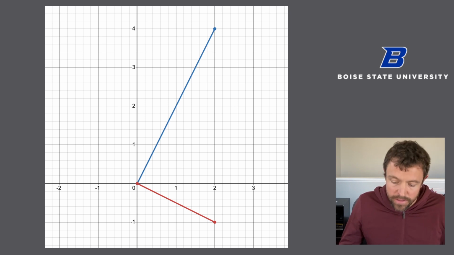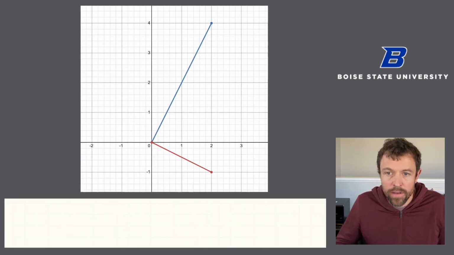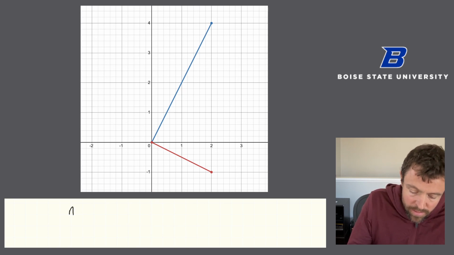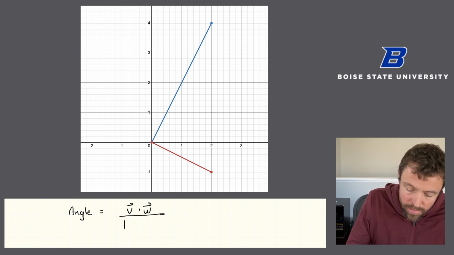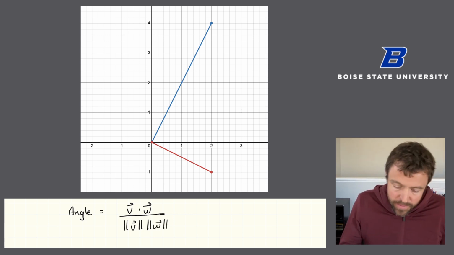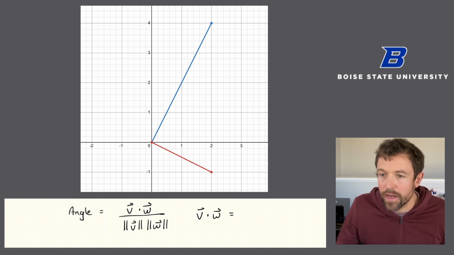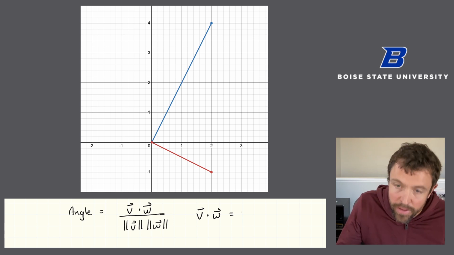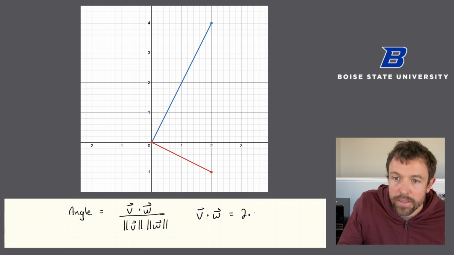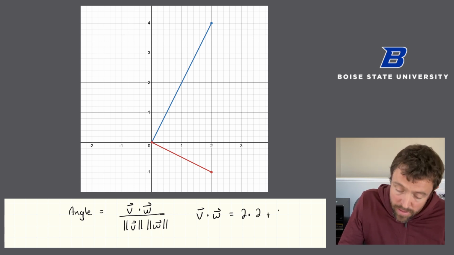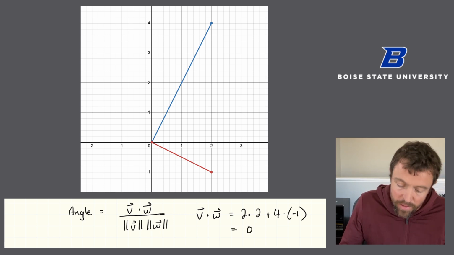And what you'll notice, if you try to calculate the angle between them, if v is the blue, well, it doesn't really matter, v dot w, whichever order you do it in, you're getting 2 times 2 plus 4 times negative 1, you get 0.